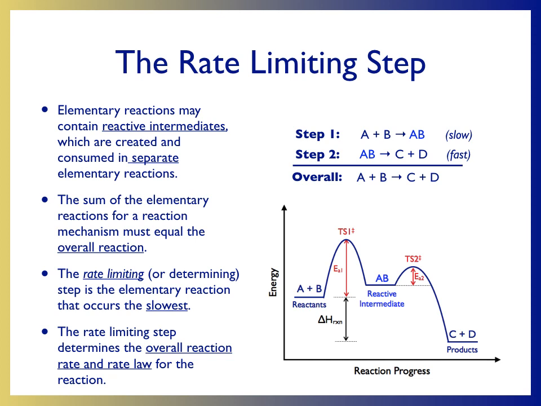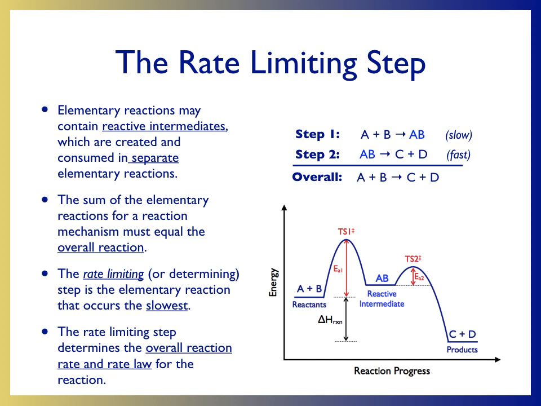Therefore, we always say that the overall rate law for the reaction most closely resembles the rate law for the slow step. You can think of this as a traffic bottleneck. If on your commute to work or school an accident occurred on the Parkway West in Pittsburgh, we know that the area of the accident will be the bottleneck.